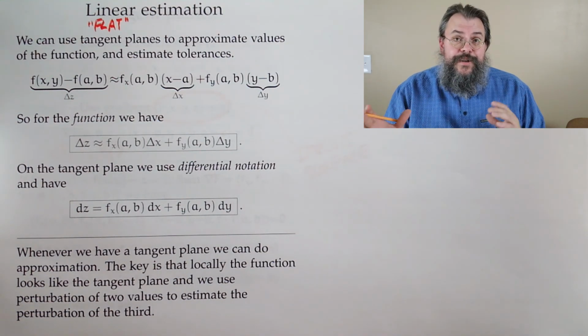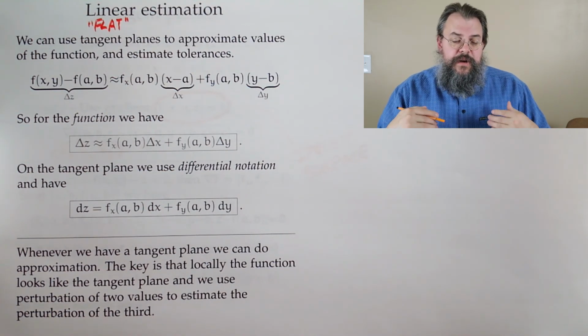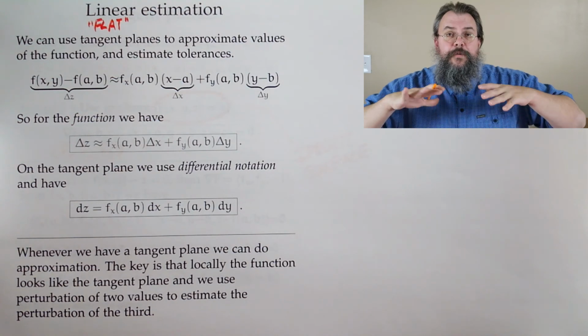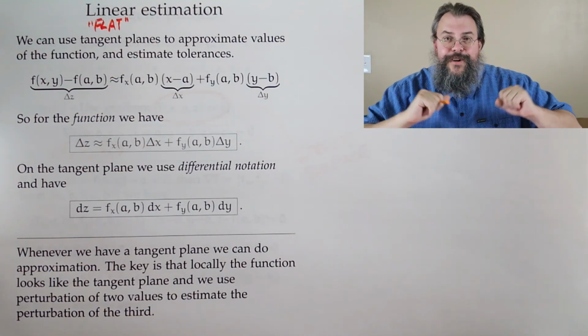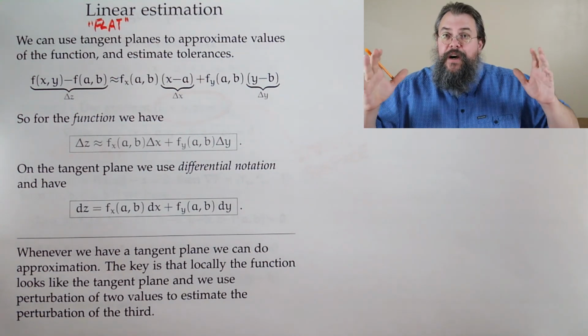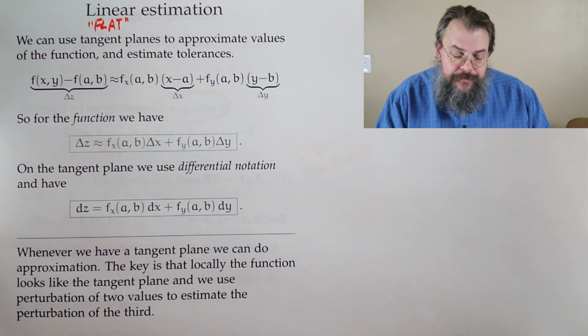Now, you may occasionally hear people talk about differential notation. Instead of asking what's happening approximately with the surface, differential notation just says, look, in the plane, what's going on? Because nearby, the surface and the tangent plane are indistinguishable.